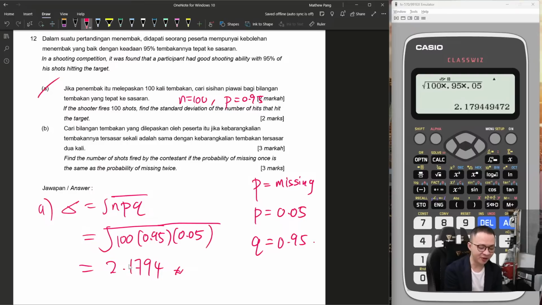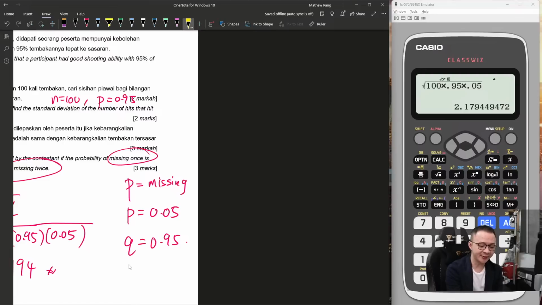Because they are talking about missing once and missing twice, I prefer p as missing. So they say missing once equals missing twice.